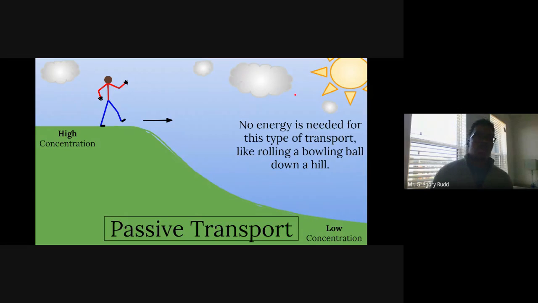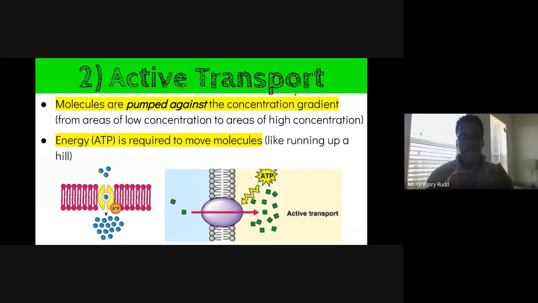The other type of transport, the inverse of passive, is active transport. This is when molecules get pumped against the gradient. And I use that word pumped specifically and intentionally because when we see it, we should be thinking about energy. It takes energy to pump something. And active transport requires cellular energy called ATP.